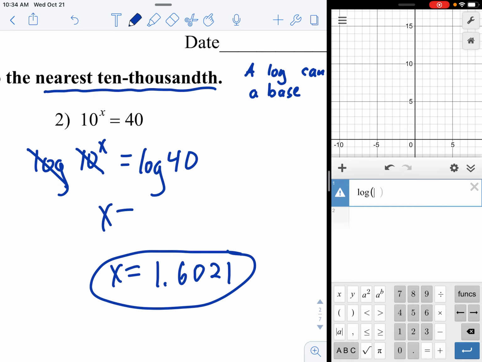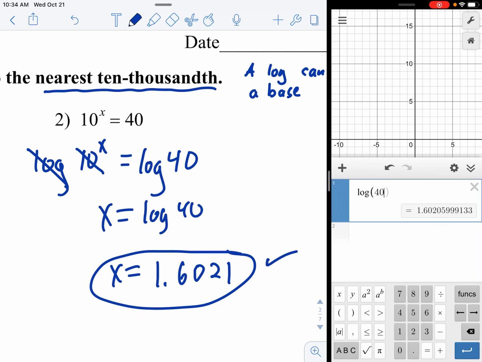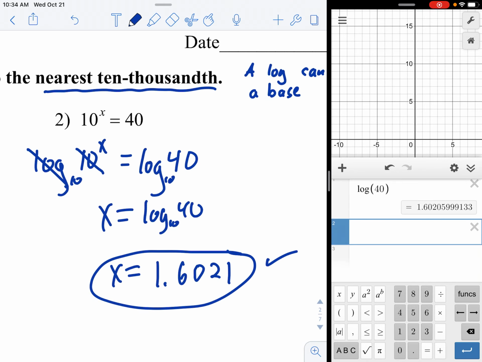I get x equals log 40. So let me do log 40. And there's the exact same answer. So if your base is 10, you can save about 10 seconds, 5 seconds, I don't know, by using the common log instead of writing in a little 10 here. You can use the common log button instead of the log A button.